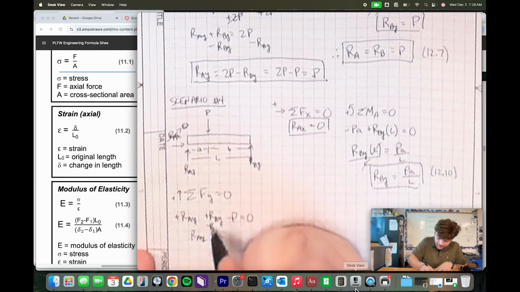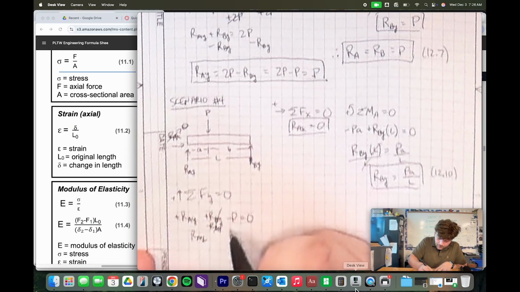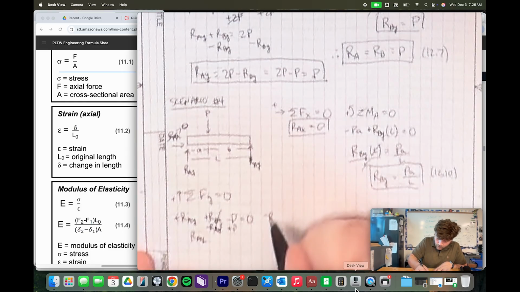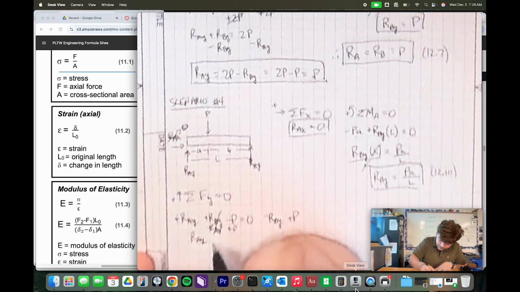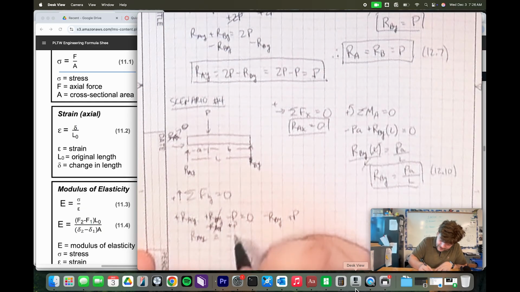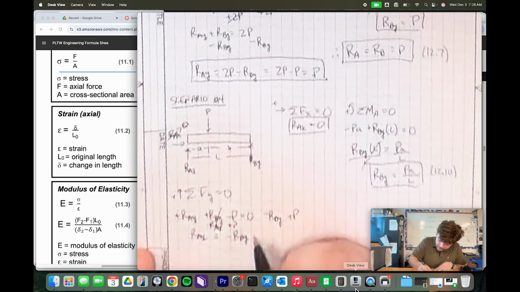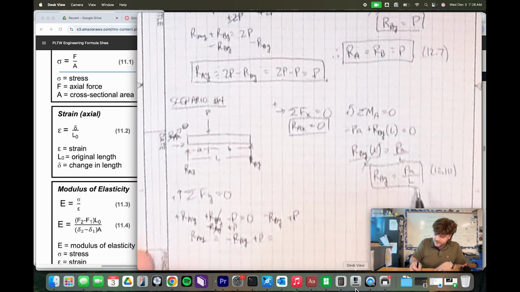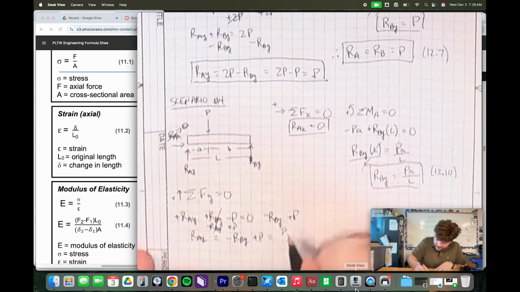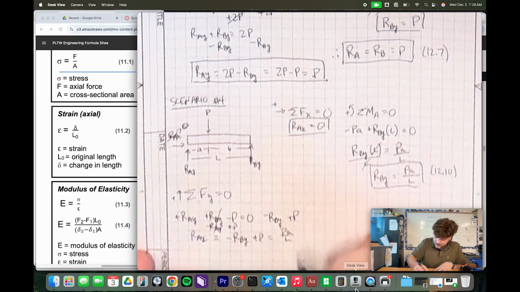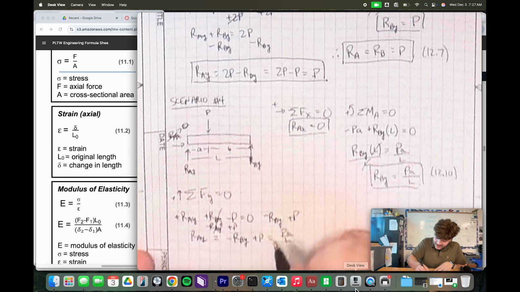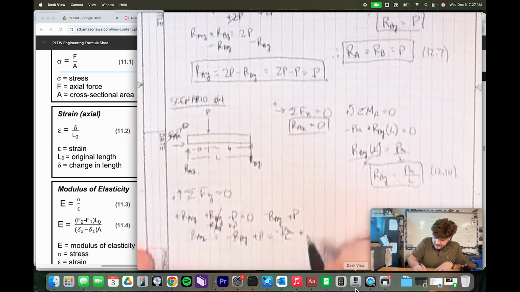So I'm going to minus RBY plus P, and then what we do to one side, we have to do to the other. RAY is going to then be negative RBY plus P, which RBY we just said is PA divided by L. This is going to be a negative there, and then that's plus P.